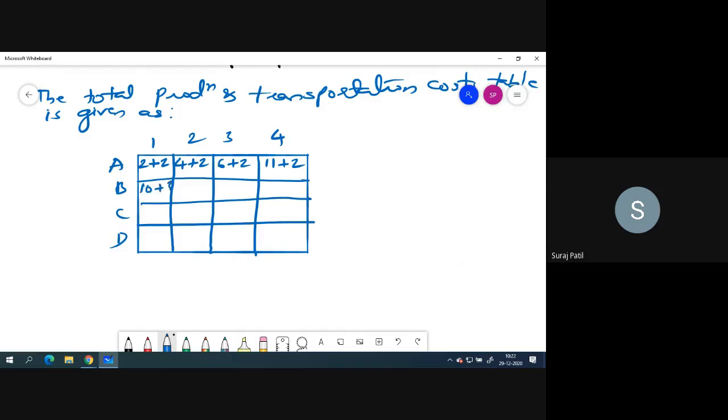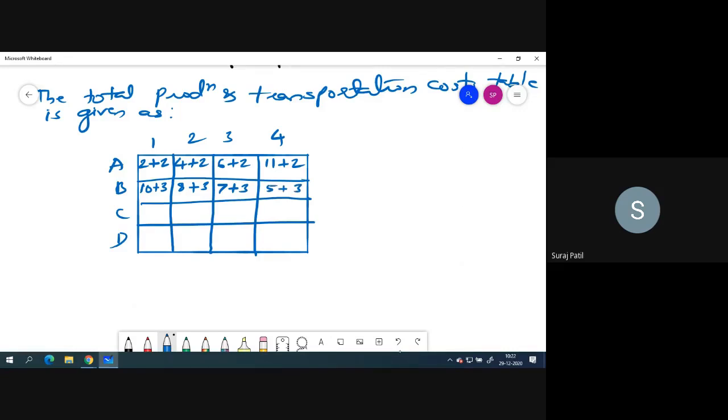So 10 plus 3, then 8 plus 3, next 7 plus 3, then 5 plus 3.